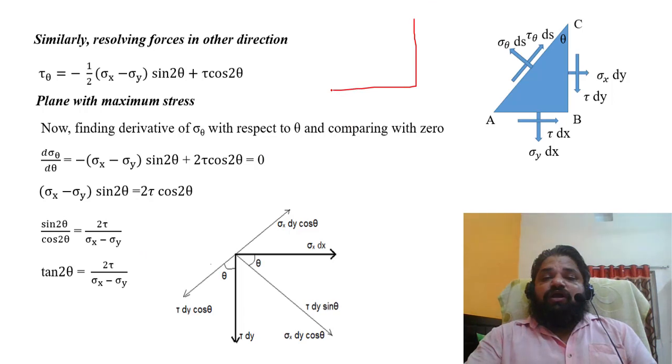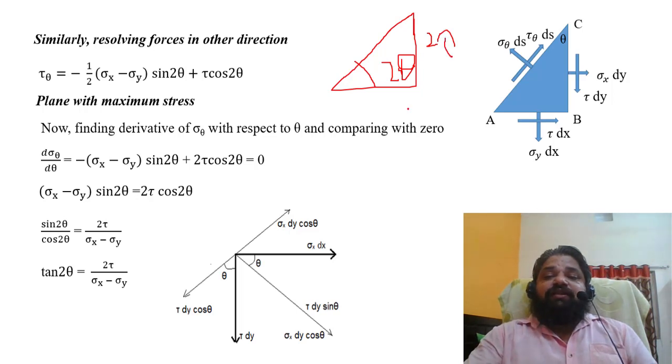One side is 2 tau, which is p, and this angle is 2 theta. We started with theta only, and now we reached 2 theta. Just remember that part, we will discuss it later.